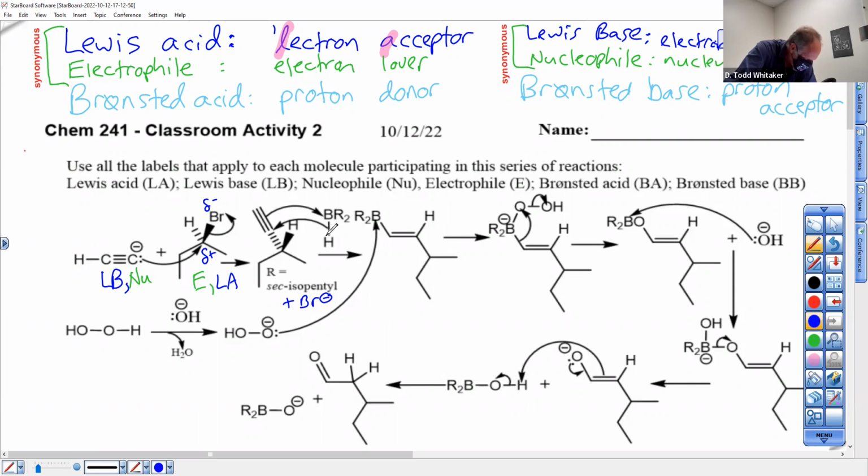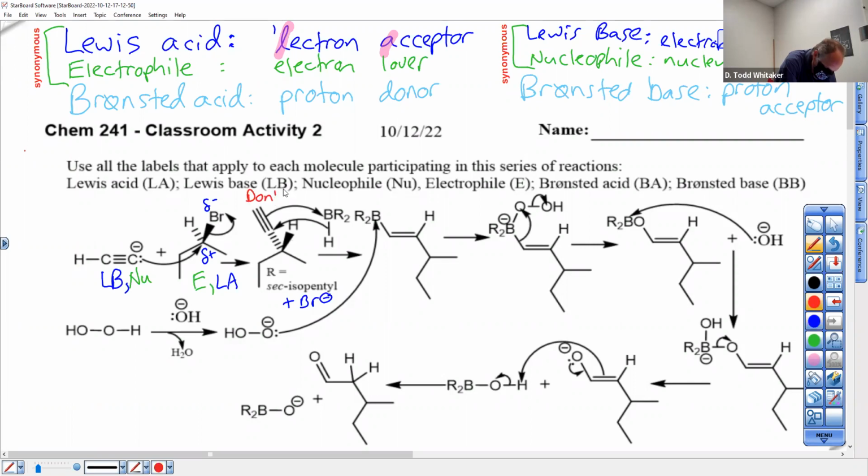Now, this one is tricky because this molecule is attacking this, and after that happens, then this happens. So I'm just going to do this. It's confusing, and I don't want it to be. So don't label this step, I'm going to write that right here.